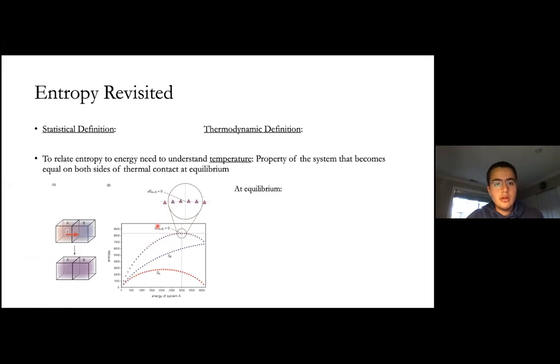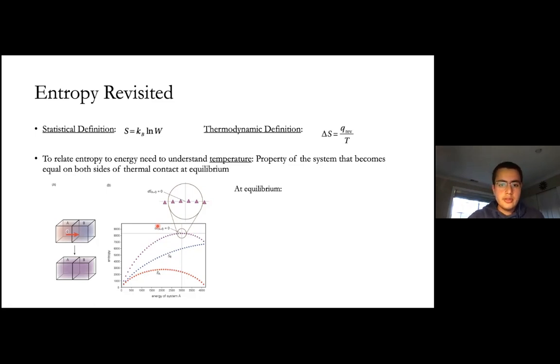As you all know, there's a statistical definition, which is simply counting the number of microstates. And then there's also the thermodynamic definition, which takes into account heat and temperature. To understand Gibbs free energy, we have to connect entropy to energy, and to do that, we need to understand temperature.